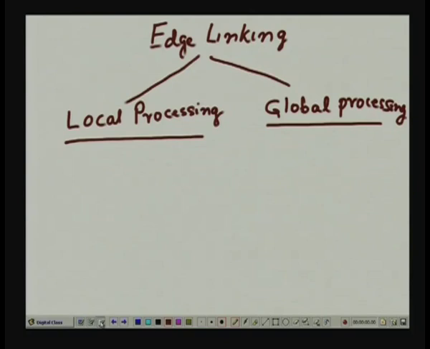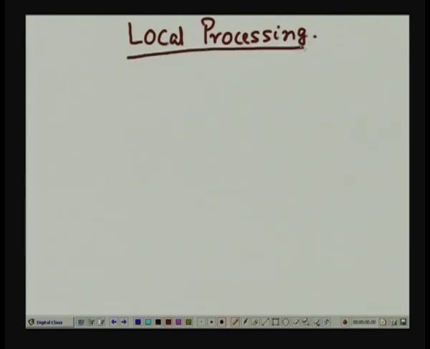So, firstly we will talk about the local processing approach for edge linking. In the local processing technique, you take an image which is already edge operated. For edge operation, if I assume that we are using the Sobel edge operator, suppose the image is already operated by the Sobel edge operator.